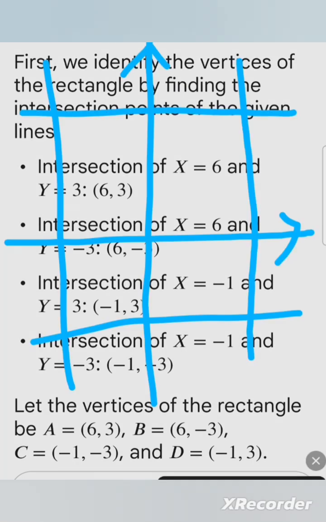Now let's draw a rough figure of the given 4 lines.